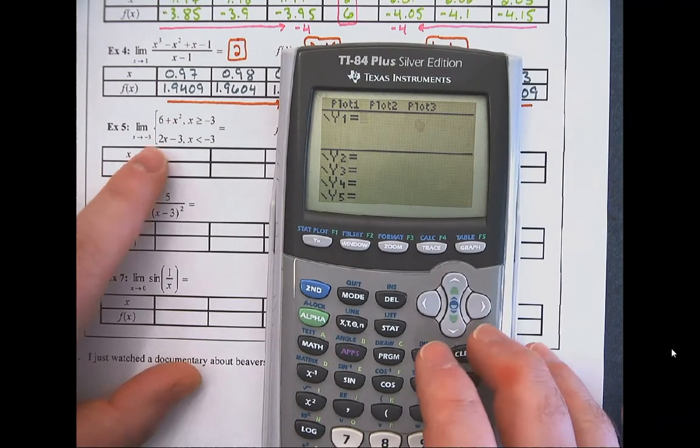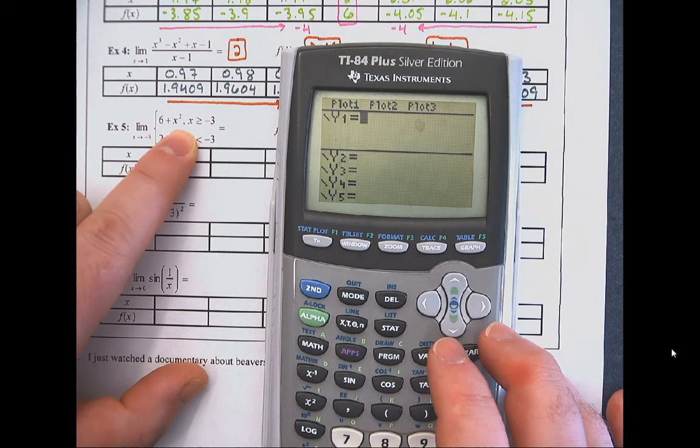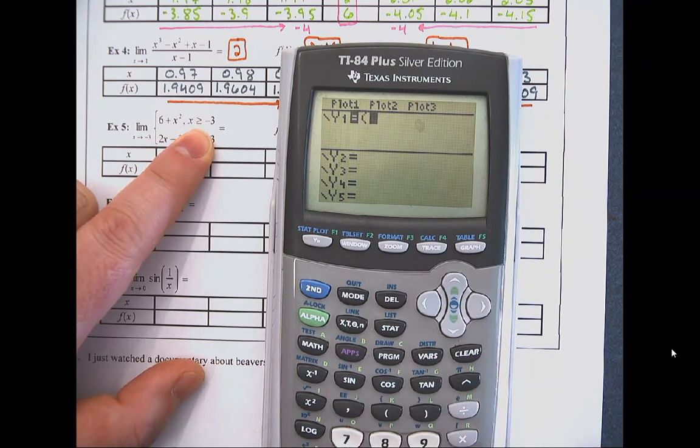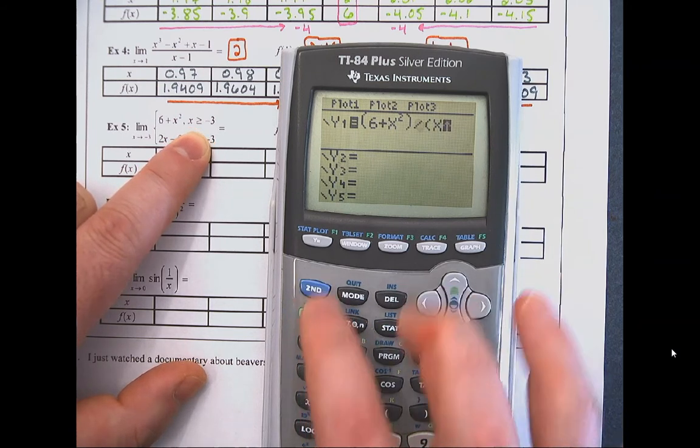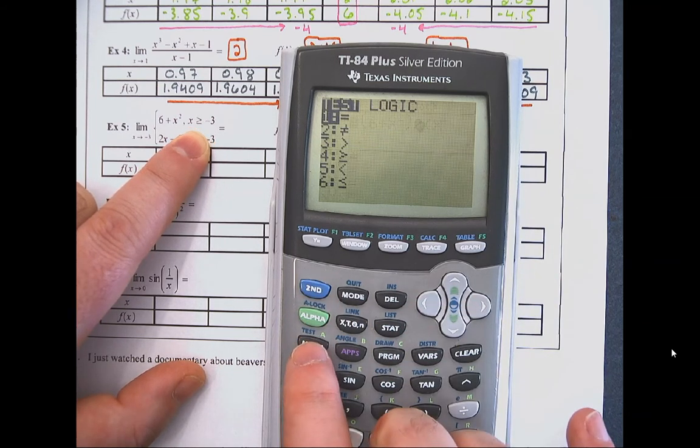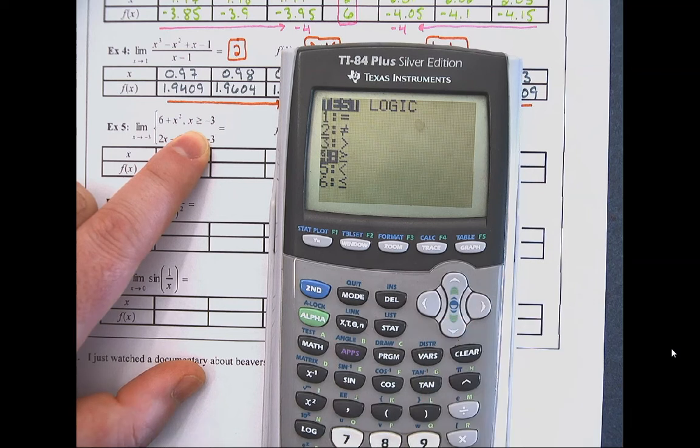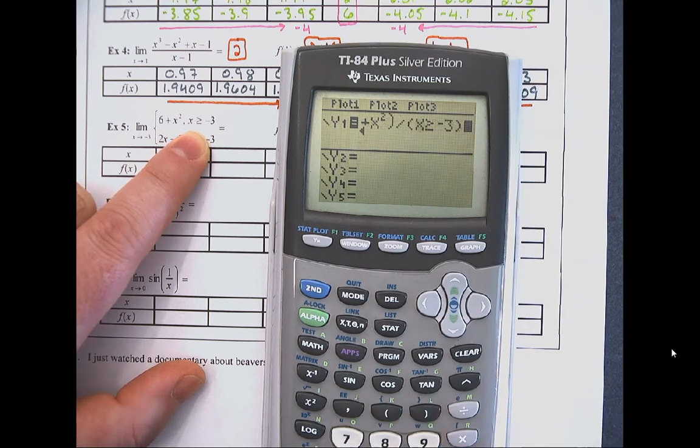Clear it out. Remember how this works? It's parentheses divide by parentheses. So parentheses 6 plus x squared, close it, divide by the quantity x. Now I need a greater than or equal to underneath test. Greater than or equal to -3.